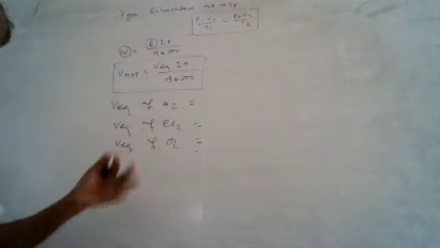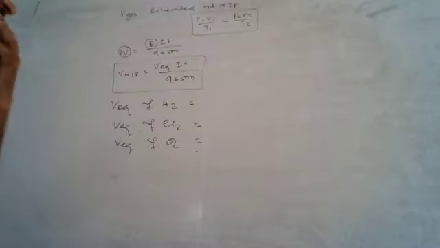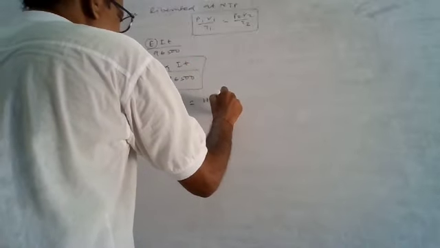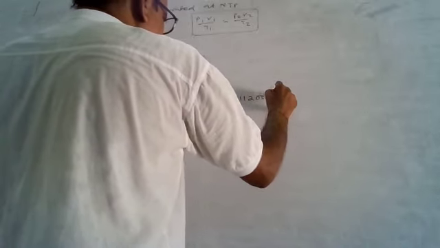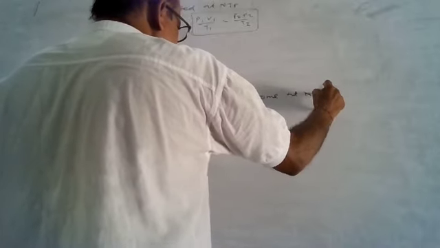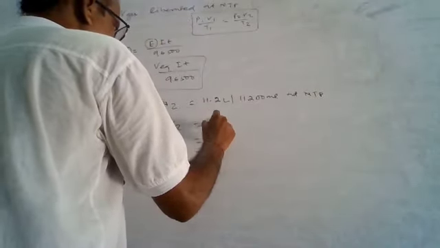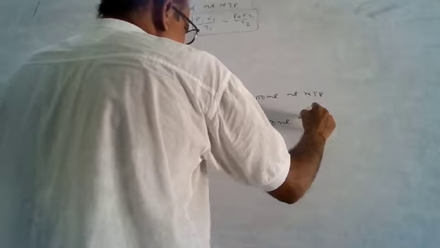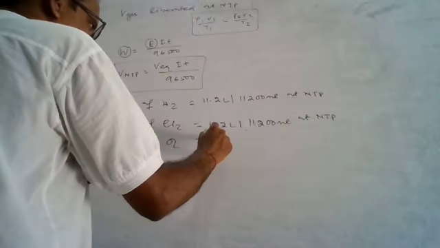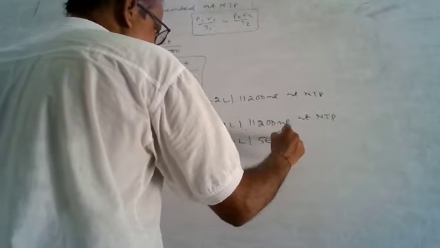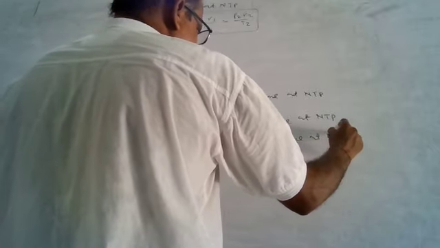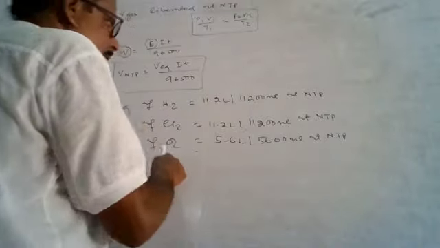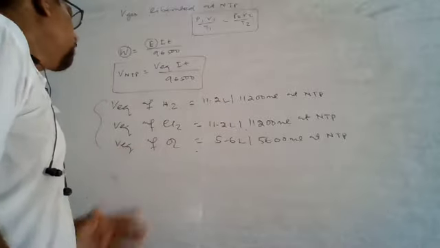The volume equivalent of hydrogen is 11.2 liter or 11200 milliliter at NTP. For chlorine it is 11.2 liter or 11200 milliliter at NTP. For oxygen, it will be 5.6 liter or 5600 milliliter at NTP.